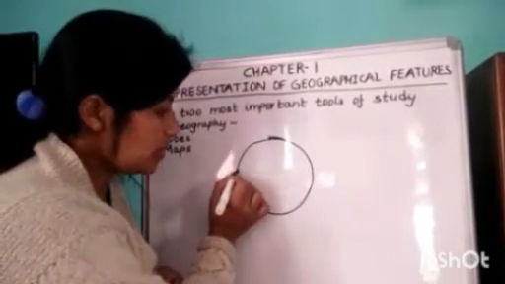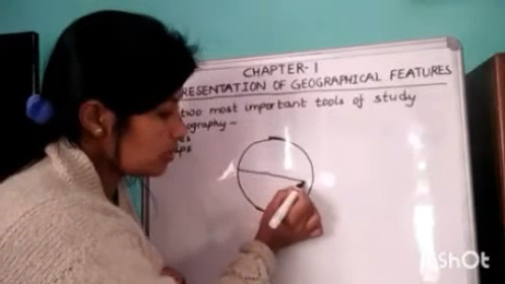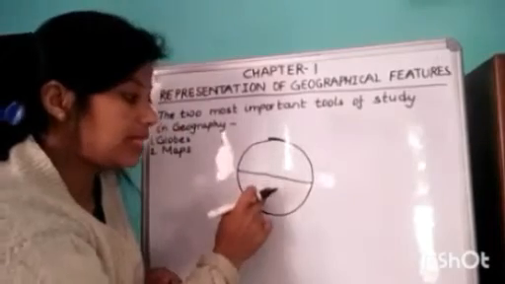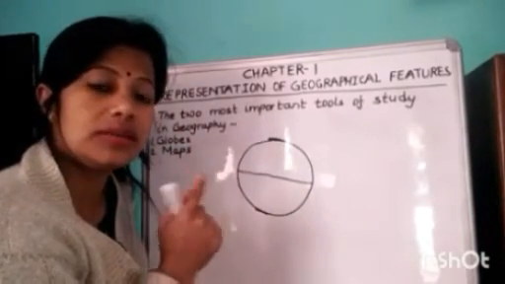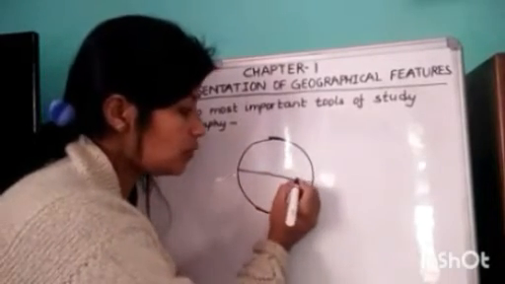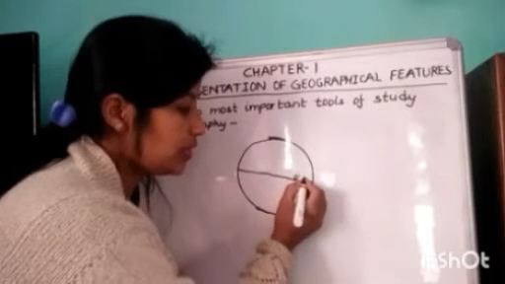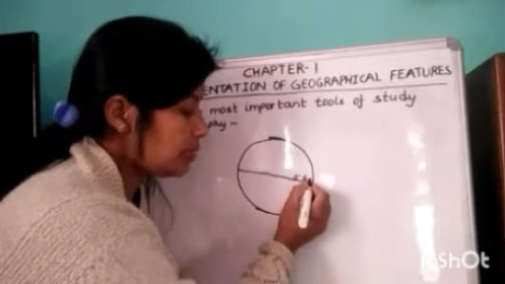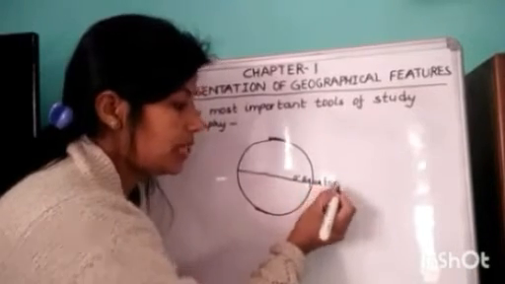Equator, the horizontal line. This divides the earth into two hemispheres, which are the northern hemisphere and the southern hemisphere. Okay, this is 0 degree latitude. Which imaginary line is there? Equator.